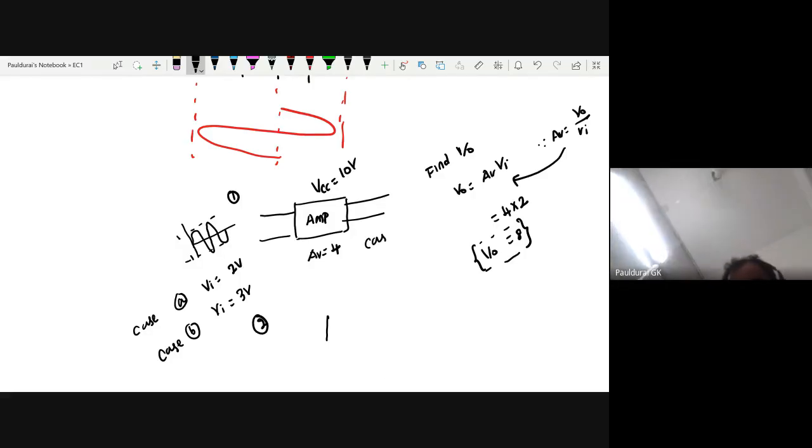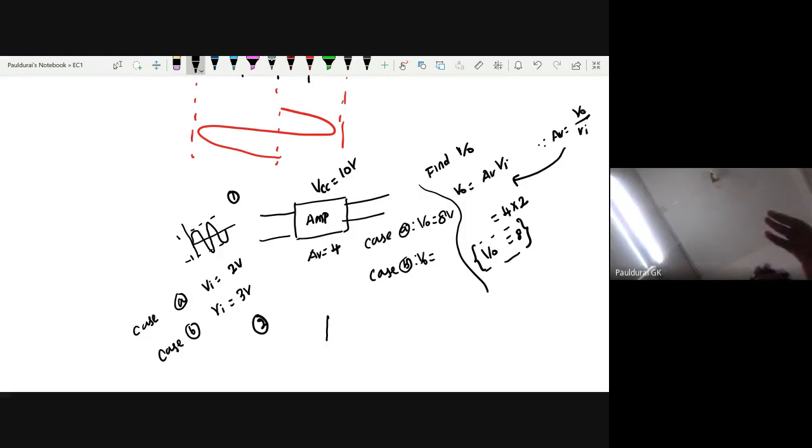For case A, the output voltage is V out equal to 8 volt, that you know. Now for case B, what is the output voltage? Same voltage gain 4. This time input is 3. So what is the output voltage?